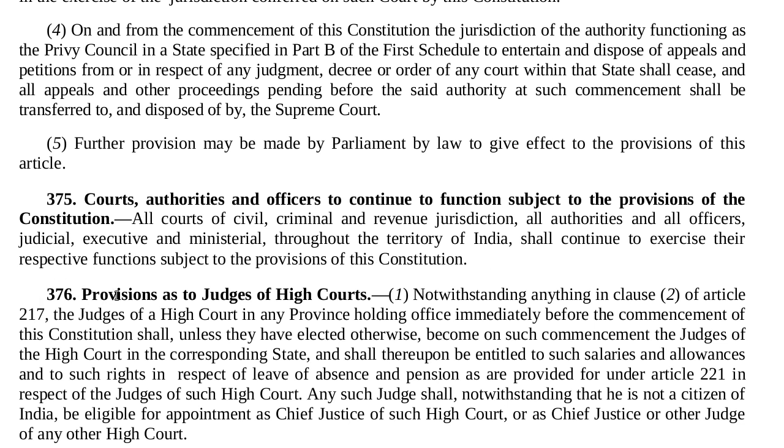Article 376. Provisions as to judges of High Courts. 1. Notwithstanding anything in clause 2 of Article 217, the judges of the High Court in any province holding office immediately before the commencement of this Constitution shall, unless they have elected otherwise, become on such commencement the judges of the High Court in the corresponding State, and shall thereupon be entitled to such salaries and allowances and to such rights in respect of leave of absence and pensions as are provided under Article 221 in respect of the judges of such High Court.